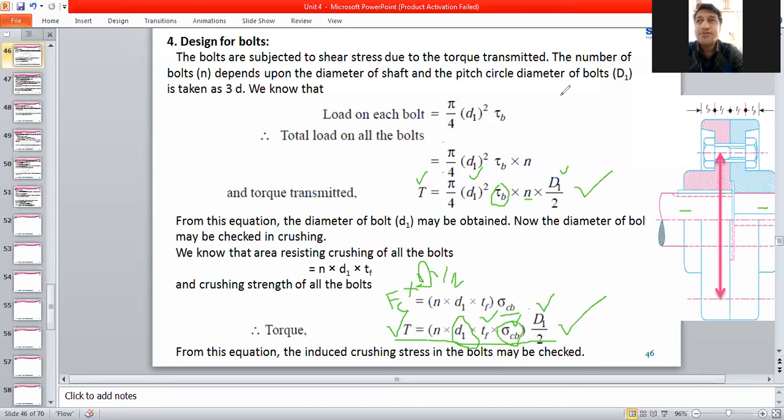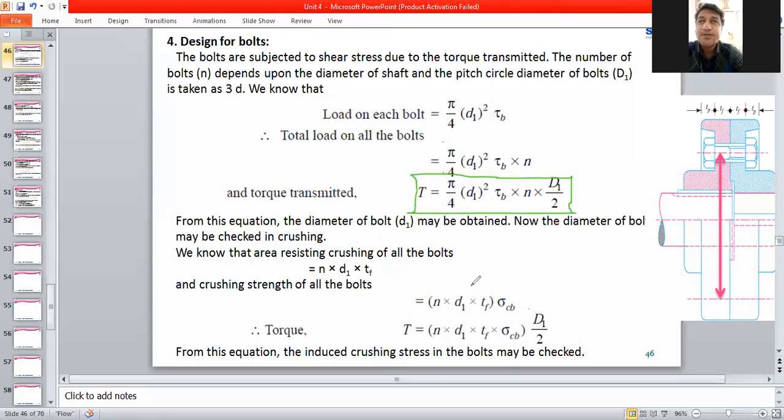Got it? Any question? Let me know if you have any question. This equation is normally used to calculate the number of bolts. This equation is used to check whether these compressive stresses are within the limit or not.